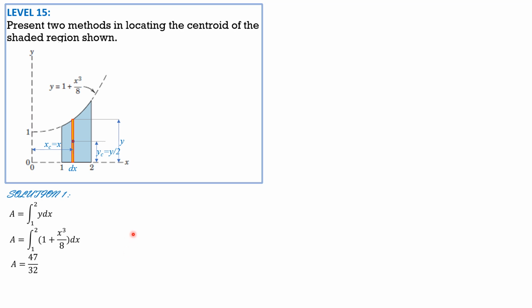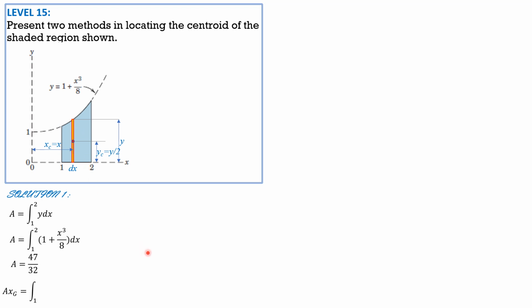Then by Varignon's theorem, area times x sub g equals area of this figure minus area of this small region under this curve, then plus area of the rectangle.